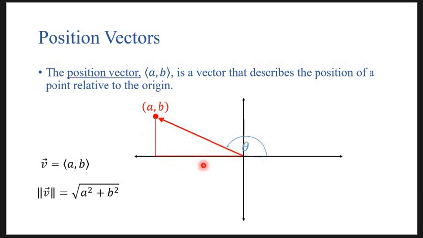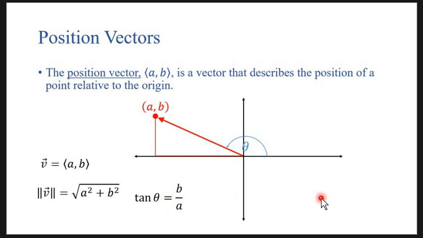For instance, the tangent of the angle theta is equal to the opposite side B over the adjacent side A. So this is what we're going to use to find that angle theta. If we take the arctangent of both sides and observe what quadrant we're in, we should be able to figure out what the angle theta is.